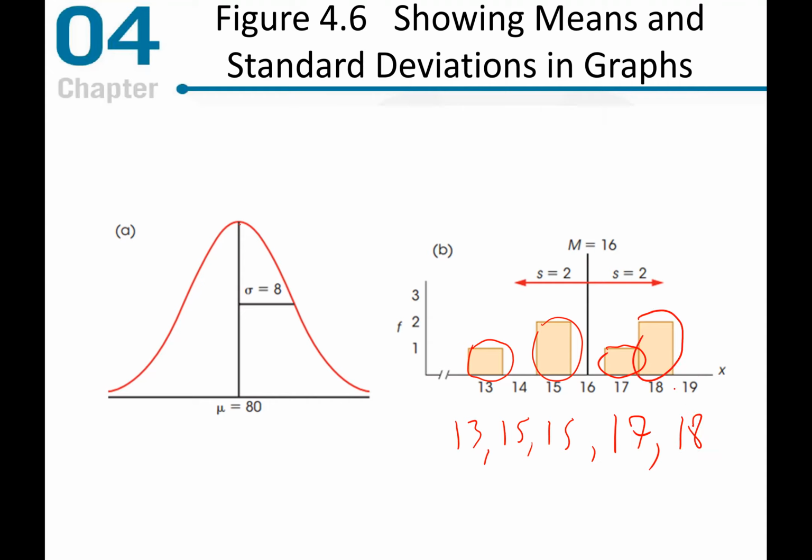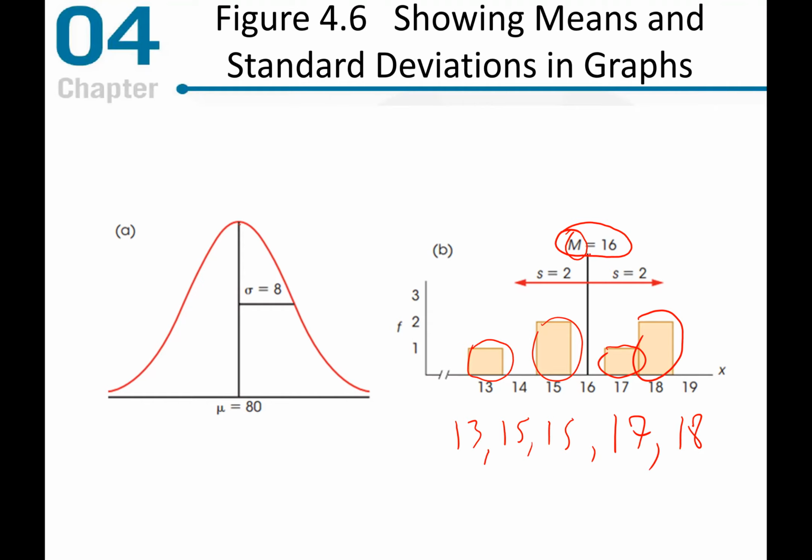If we average that all out, the sample mean is 16. We know it's a sample mean because we have that capital italicized M. And when we calculated the standard deviation, we got 2.